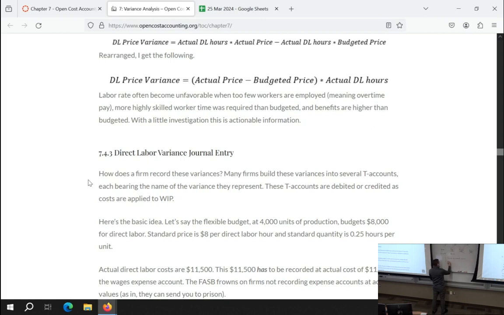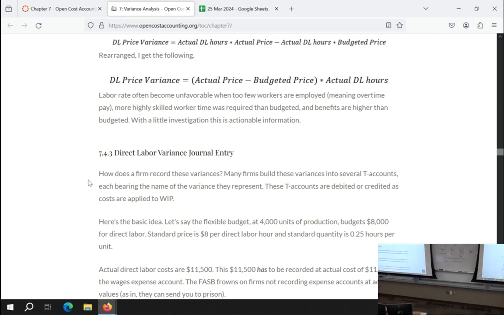Two, WIP is at full standard. Okay? That's the whole idea.